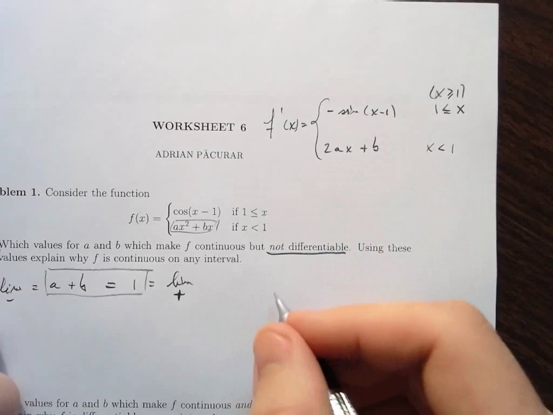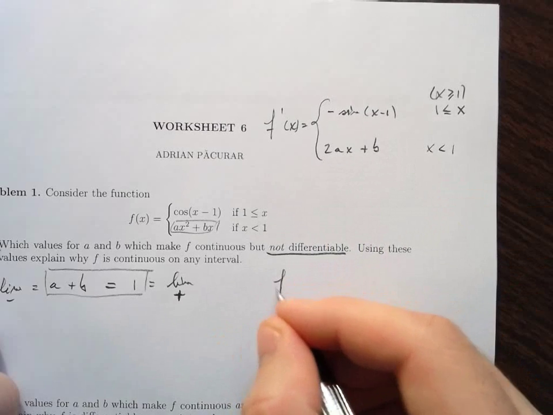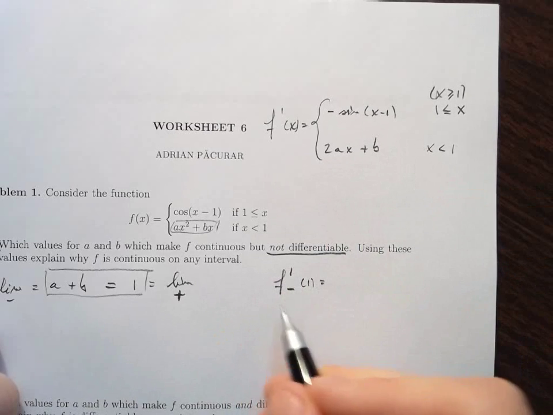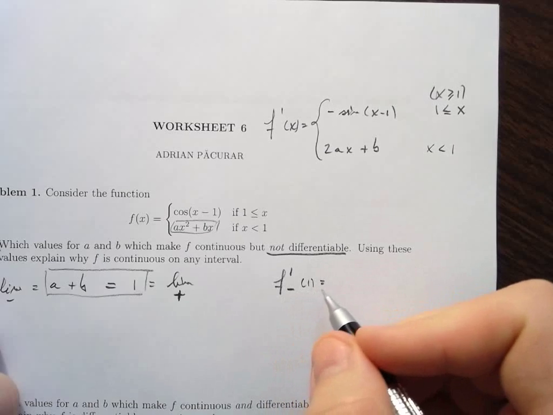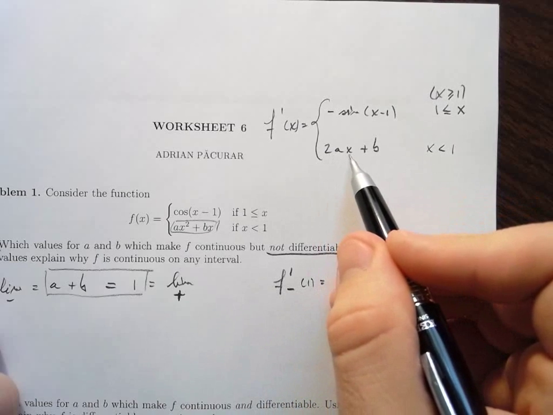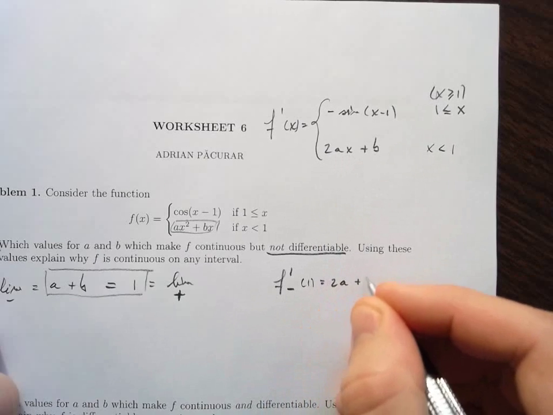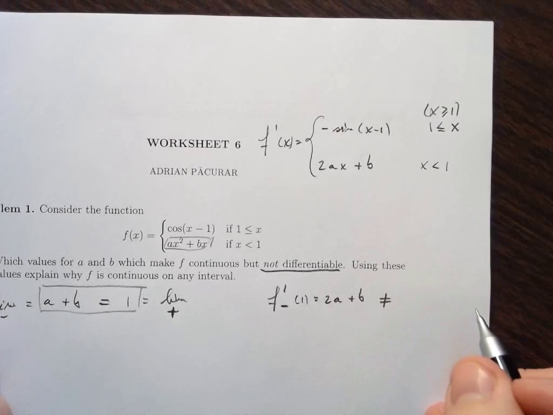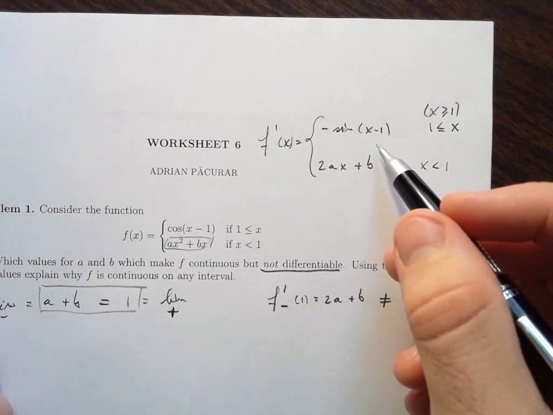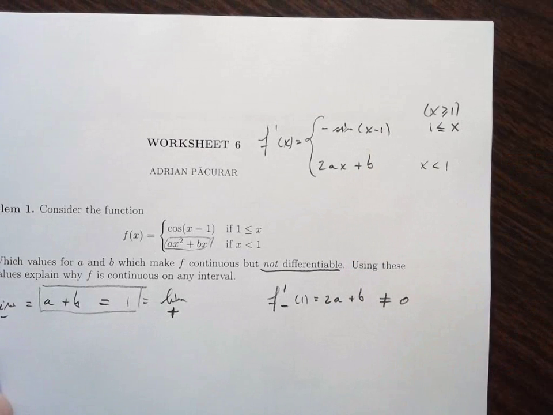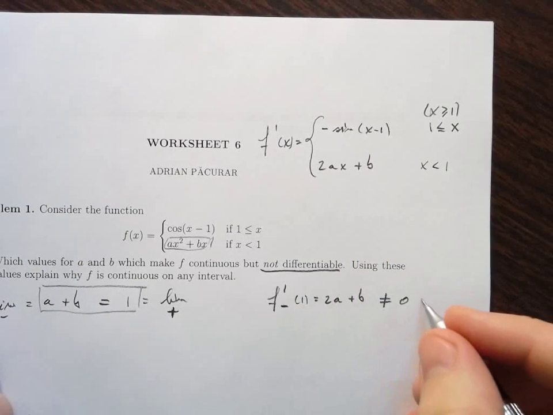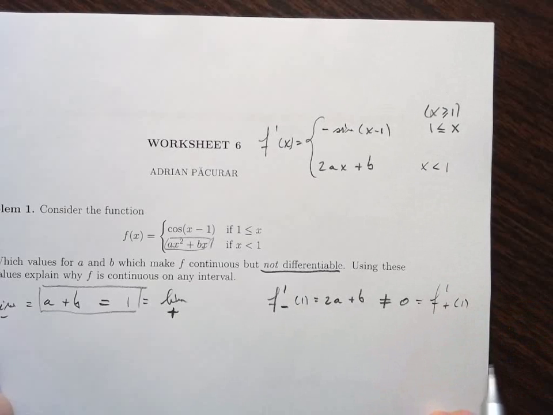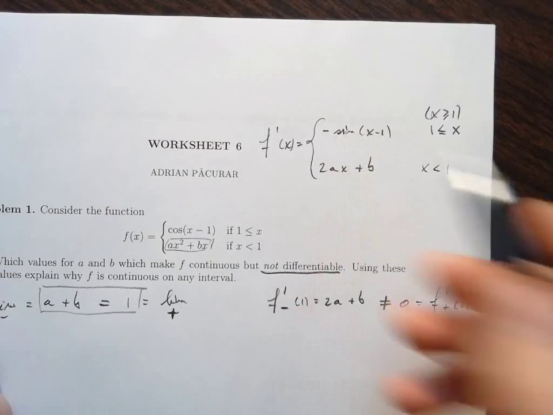At 1, the derivative from the left, let's say f prime minus at 1, just some random notation here, is going to be, I plug in 1 for x, so I just get 2a plus b, and I want this to be different from the derivative from the right, and that's just going to be 0. So that's f prime from the right side at 1. That's because if I plug in 1 for x, sine of 0 becomes 0.